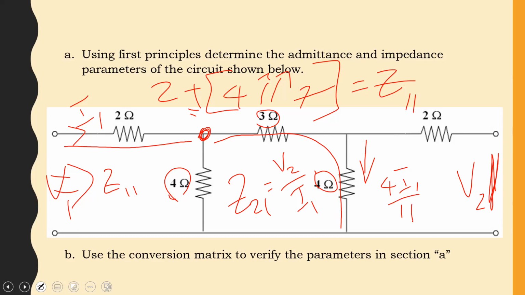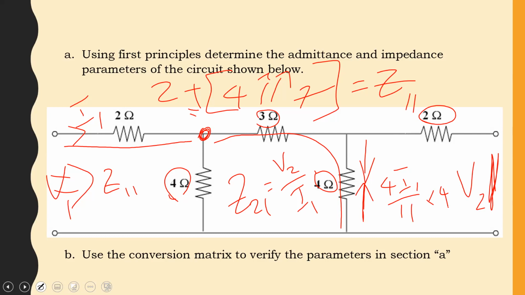So it means, therefore, that V2, bearing in mind there's no current flowing through the 2 ohm, would be seen across the 4 ohm. So you simply multiply this by 4 in order to get V2.